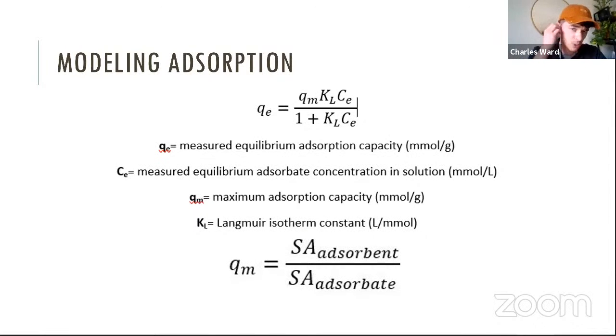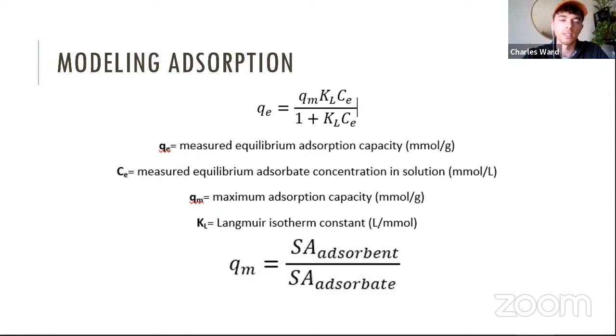Okay, so now for the actual equations that I used to do this, I didn't go through the derivation or anything like that, but this is the main one up here. I'll break down all the variables. It relates QE, which is the adsorption capacity at that equilibrium I was talking about, to the concentration of my precursor that's still in solution, CE.